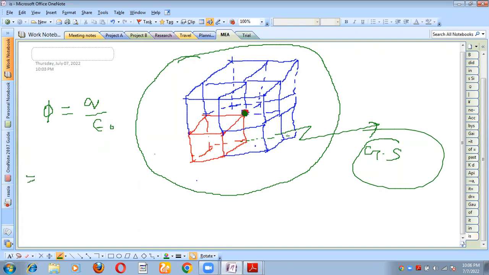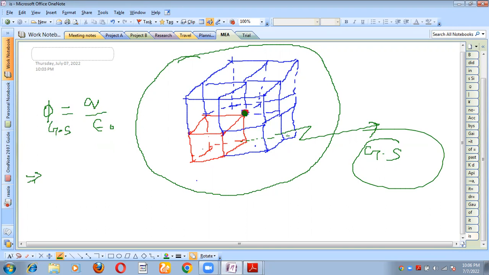In the Gaussian cube, so the flux through the Gaussian surface should be Q by epsilon naught.